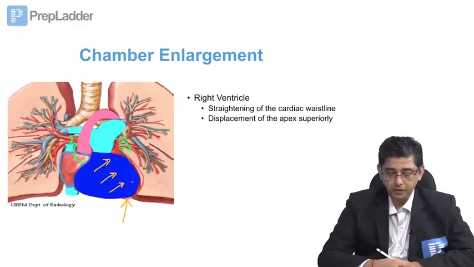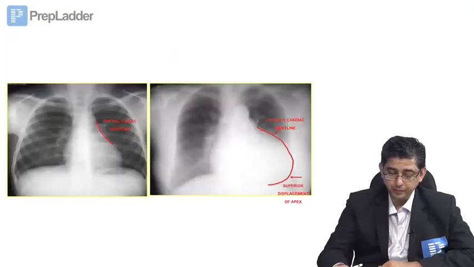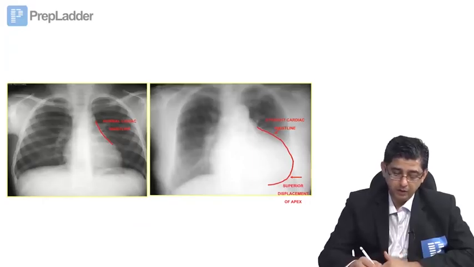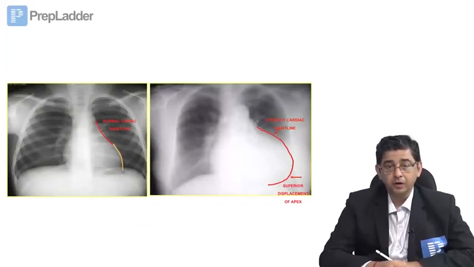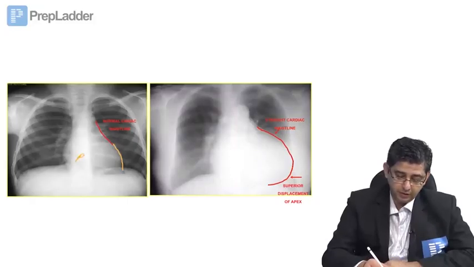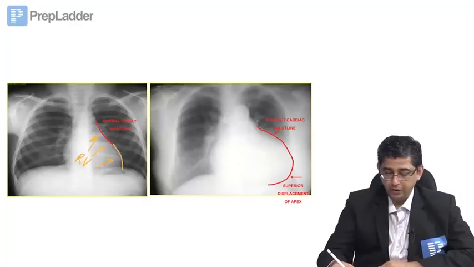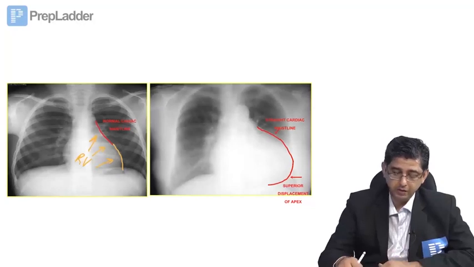So this image is representative of right ventricular enlargement in a patient. The same is represented even here. This is normal cardiac waistline. But then you can see that since the right ventricle is inferiorly placed and it is getting enlarged, it will affect this whole cardiac border, and therefore there is a superior displacement of the heart of the patient. That is a straight cardiac waistline that is developing in the patient.